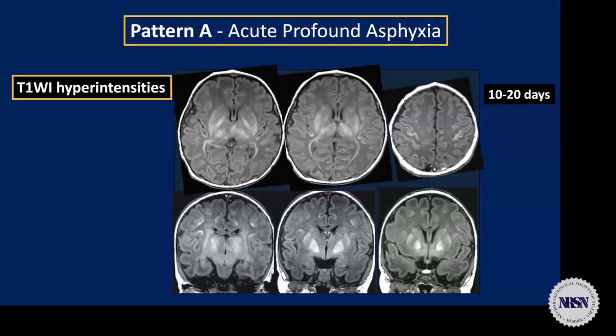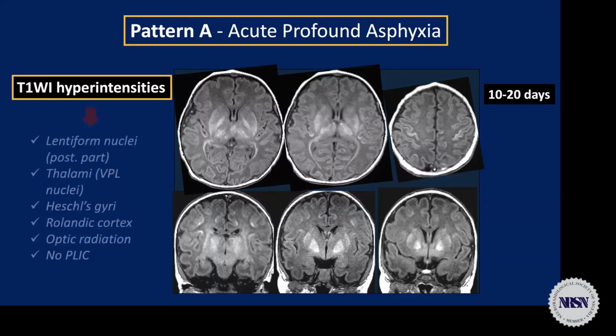Look here, a T1 weighted image in a typical selective damage of acute profound asphyxia, 10 to 20 days after birth.